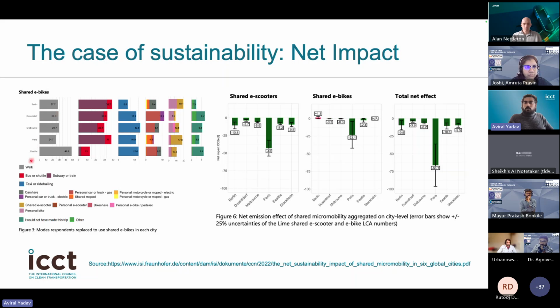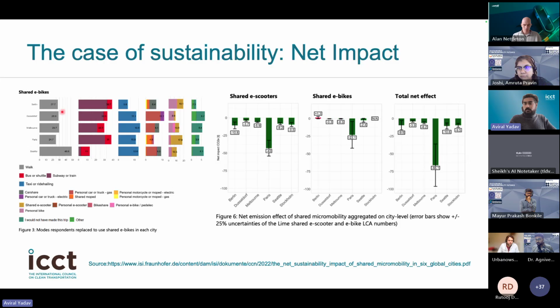The number of walking trips being replaced was just 27%, 30%, 30% in that range, barring Seattle, which was a little bit high. They were also replacing a bit of buses and shuttles, and then taxi and ride hailing. So a relatively lower share of walking is being replaced by the shared e-bikes.